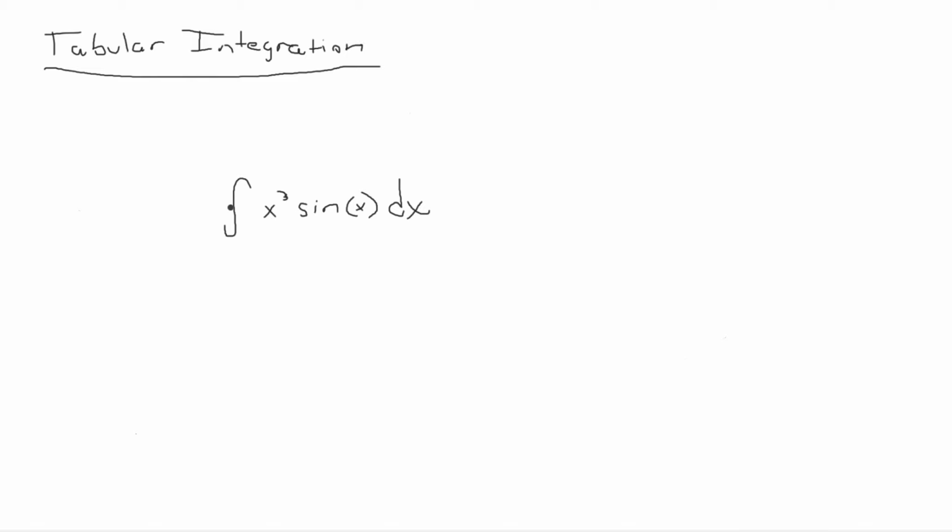So when you have an integral like this, you have kind of two products here, as if it's one function, x to the third times sine of x. So what you're going to do is essentially split these two parts into the derivatives and the integrals.